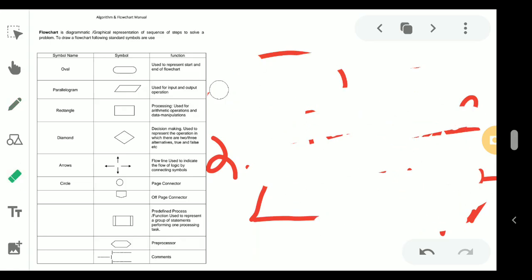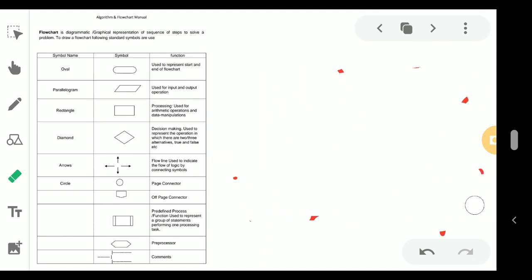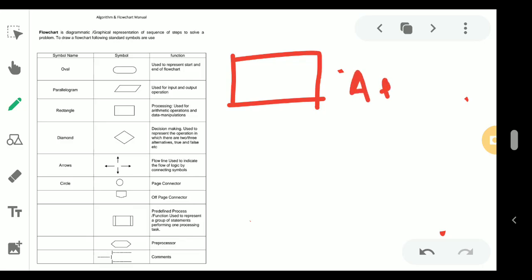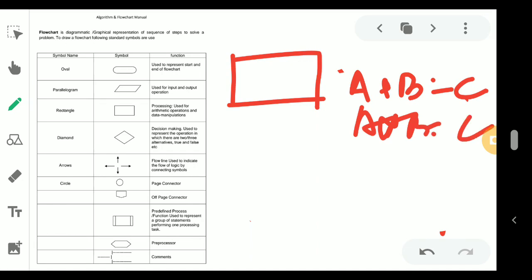Now coming to the next one, very quickly, that is the rectangle. The rectangle is used for arithmetic operations, like a plus b equals c, or a into b equals c, this kind of arithmetic operation. Number 3. Number 4 is the diamond shape.